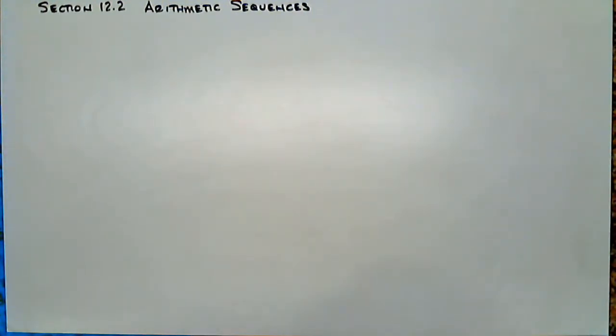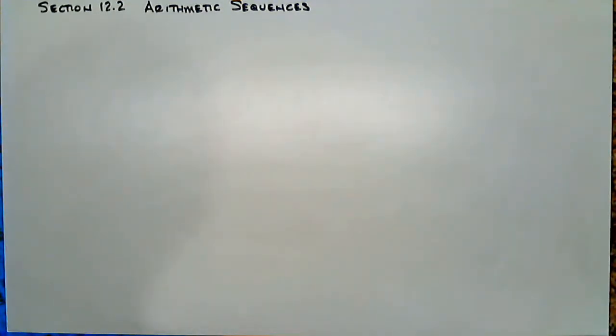Now, assuming you took an Algebra 2 course, this is going to look very similar to what you saw in your Algebra 2 class. Foundationally, there's nothing different between what's going to be presented in this lesson and what was presented in your Algebra 2 arithmetic sequences lesson. All right?